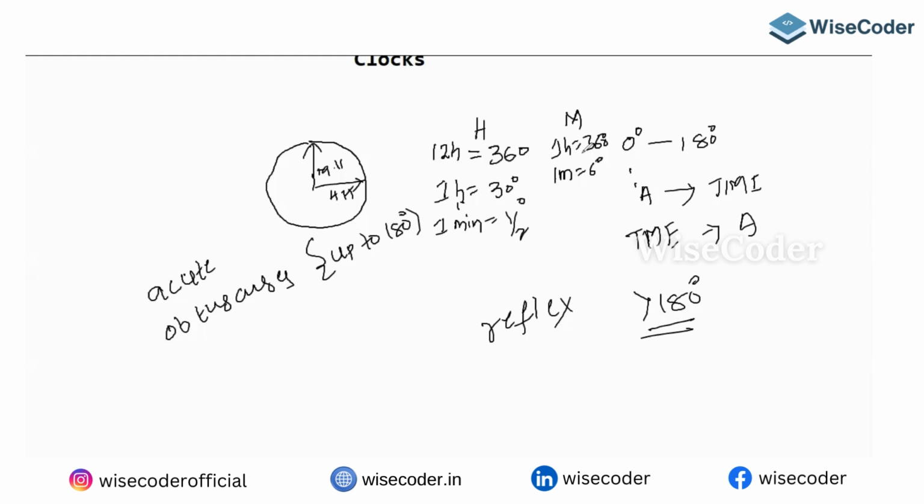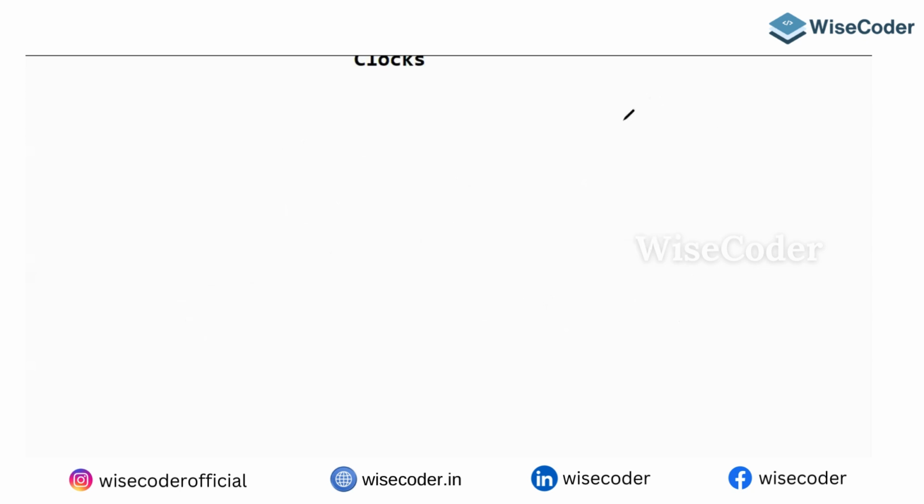Hence, hour hand covers 30 degrees per hour. Hence, hour hand covers half a degree per minute.